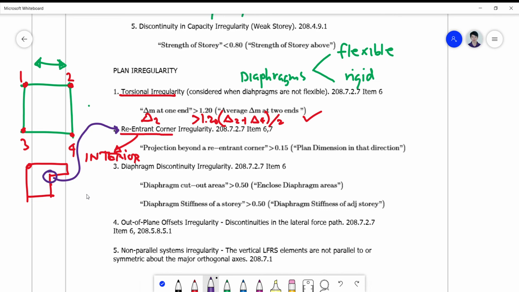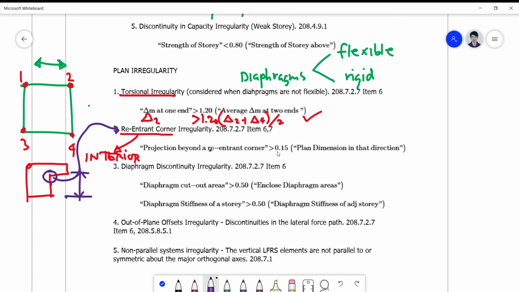Okay, so these are re-entrant corners. You just look at the projection beyond the re-entrant corner. So what is the projection? If you are talking of earthquake in this direction, my projection is actually this one. This is the projection in this direction. This distance is compared with the plan dimension in that direction.